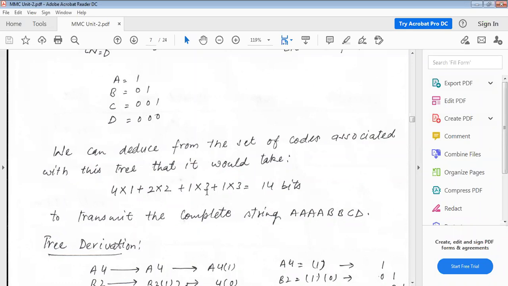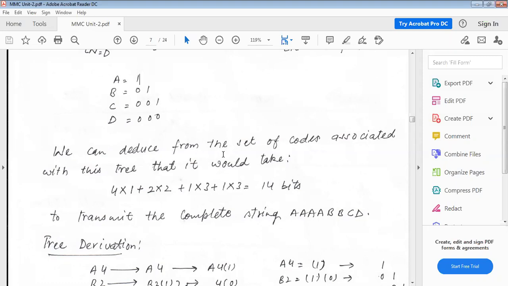Plus 1 times 3 for the D character. The frequency of occurrence of D in the character set is one, it appears only one time, so I take 1 times 3, since 3 bits are used to represent D. If you do the calculation here, you will get 14 bits.